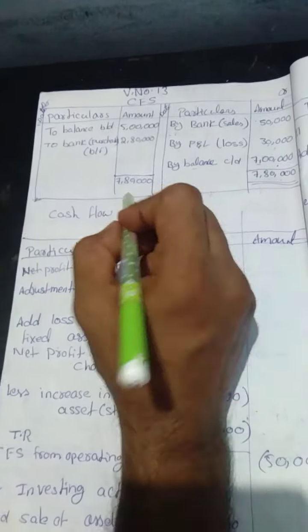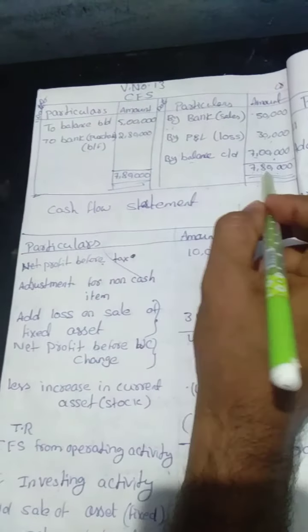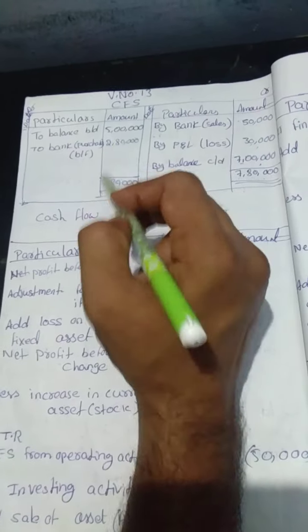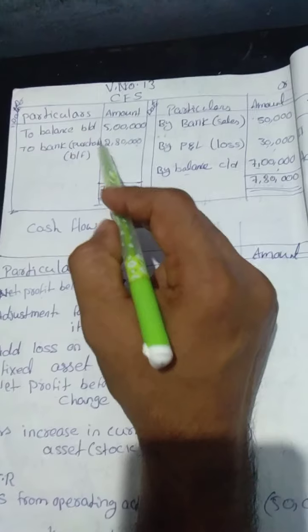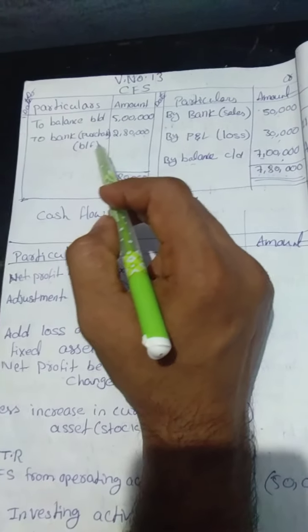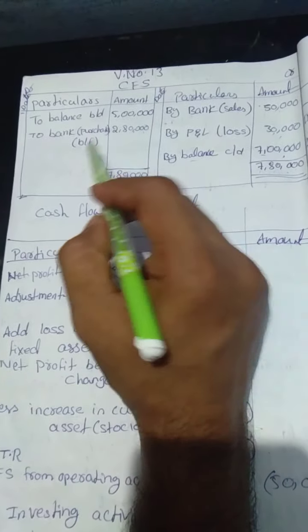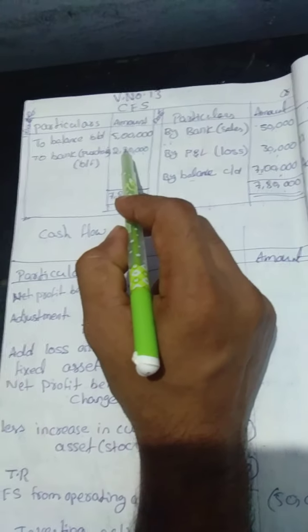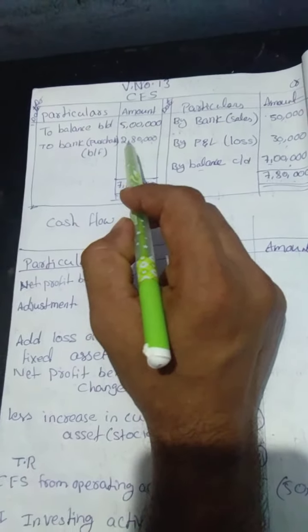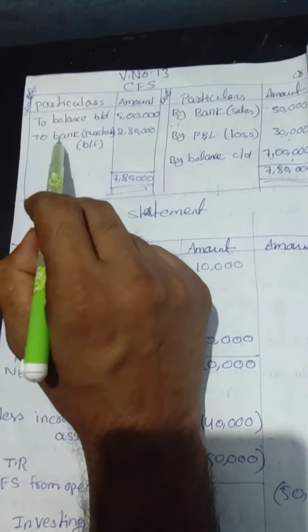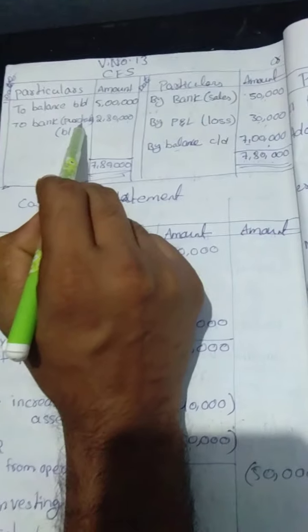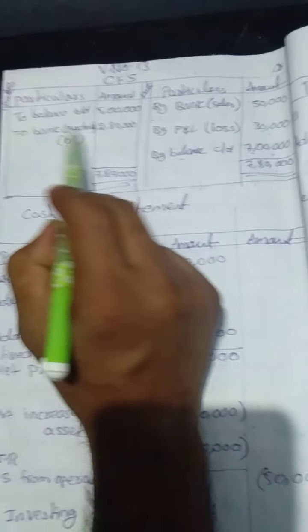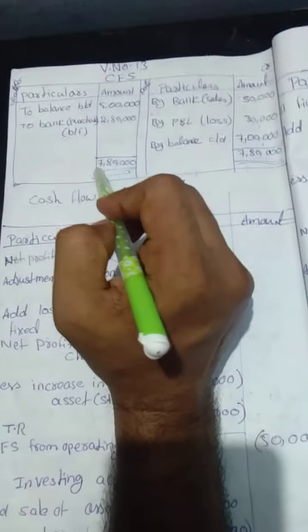So on both sides we mention 7 lakh 80,000, and the difference of 2 lakh 80,000 we mention here as the balancing figure. This is actually the purchase of the asset, which we also show as bank. We take this as purchase, and this amount we got from the difference between 7,80,000 and 5 lakh.